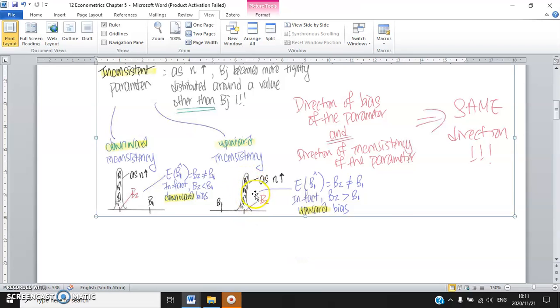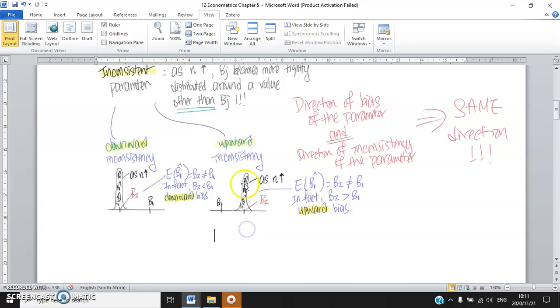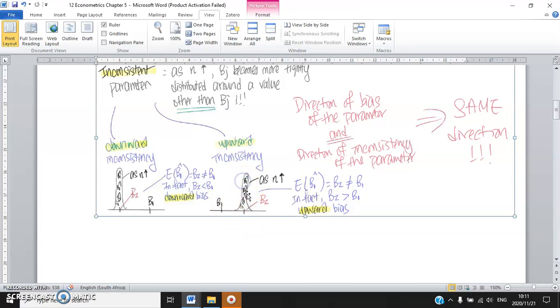Similarly, let's say now in my regression, again, I commit underfitting, overfitting, or using the wrong functional form. Then there is something wrong with my slope parameter. And let's say this time there is upward bias in the slope parameter. So this is the true slope parameter, B1. But unfortunately, due to certain specification errors in my regression, there is upward bias in the slope parameter.